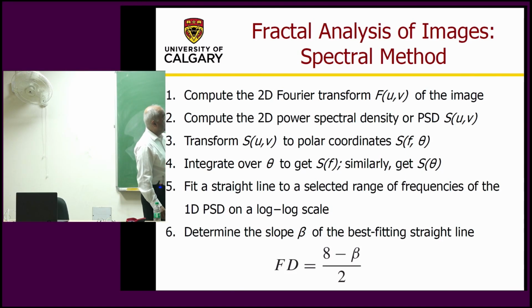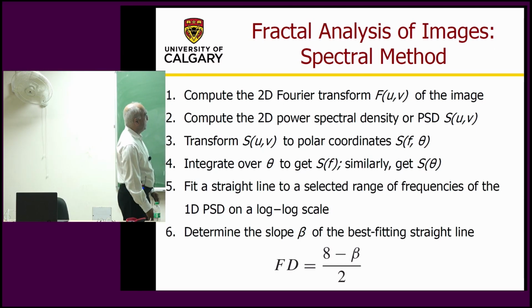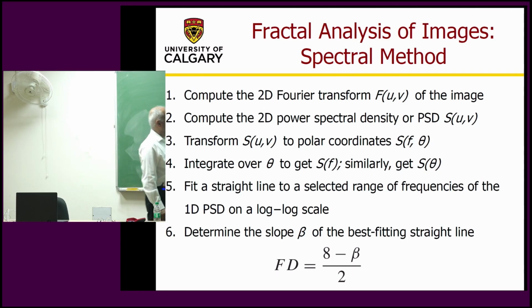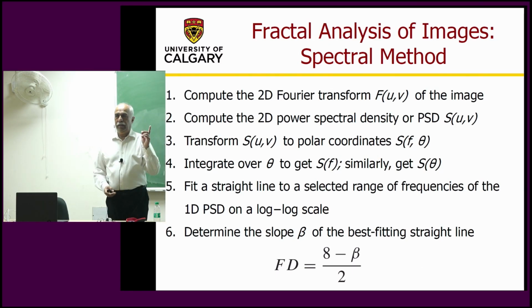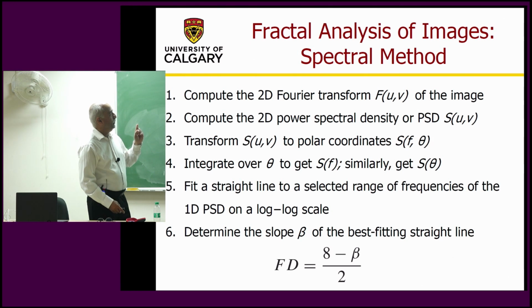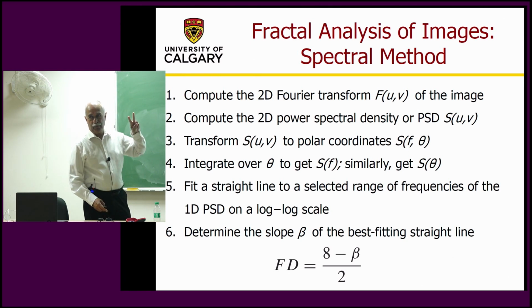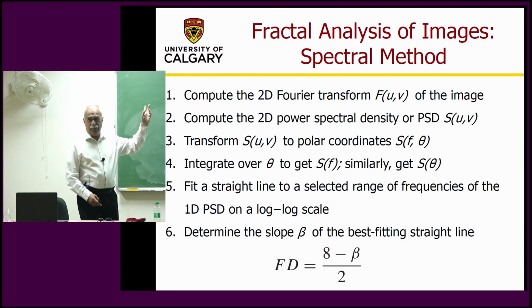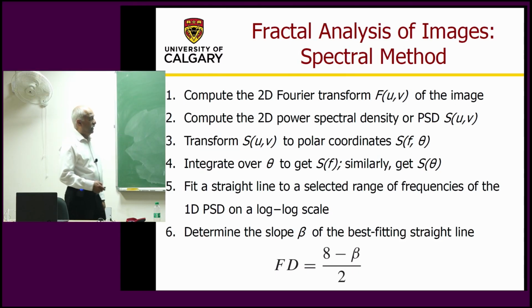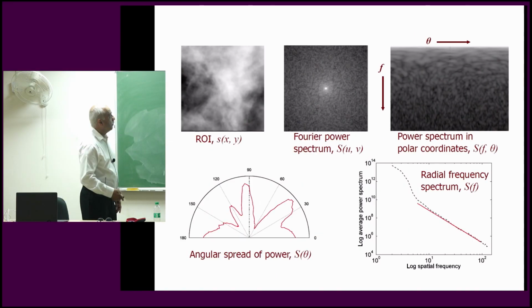Fit a straight line to a selected range of frequencies of the 1D PSD on a log-log scale, 1D PSD on radial frequency. Determine the slope β of the best fitting straight line, and the fractal dimension is (8 minus β)/2, because the Euclidean dimension of the image is 2. So using one of the equations I showed earlier, then we get the fractal dimension here.